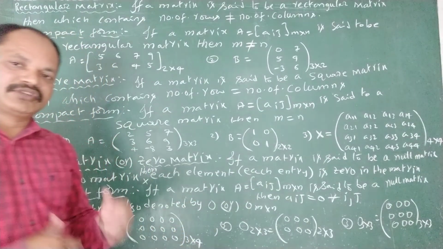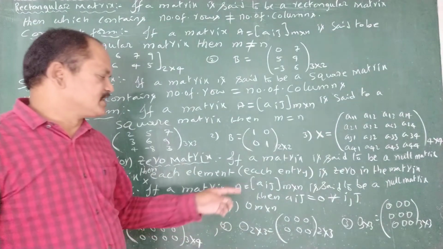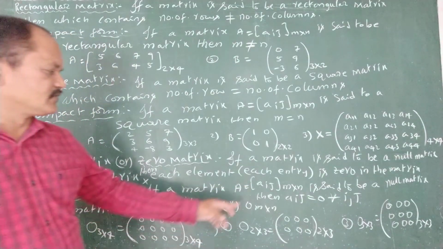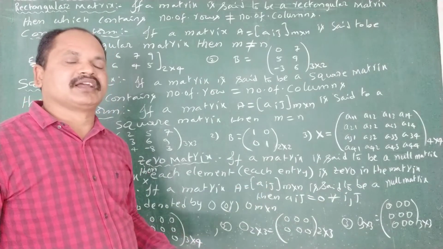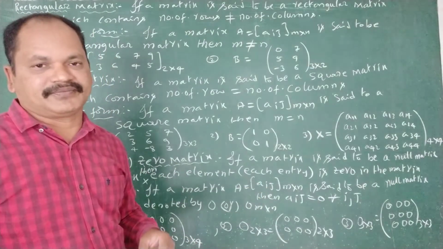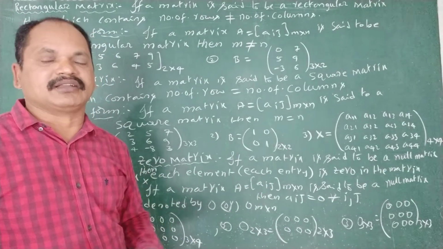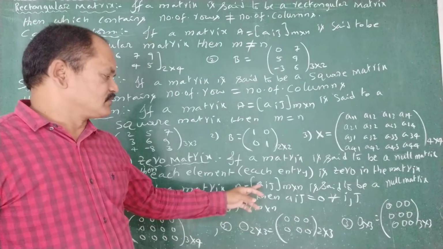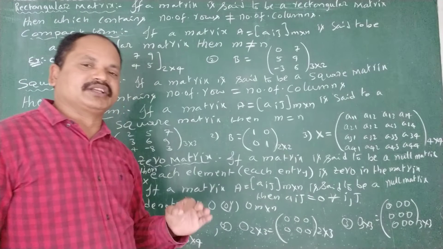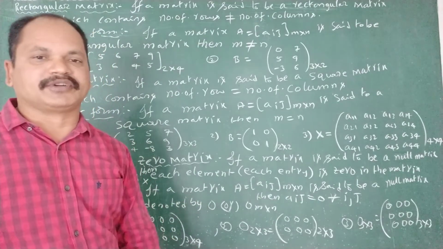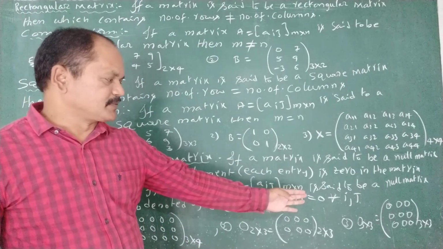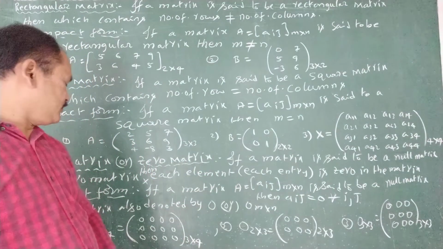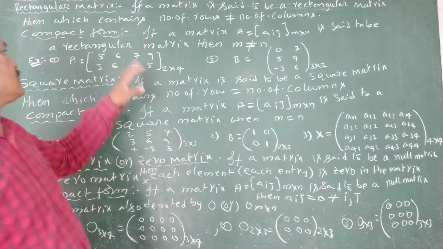But according to the definition of the null matrix, each and every element in the matrix is 0. aij is the element which belongs to the ith row and jth column. That's why aij is 0 for all i, j, with respect to row and column.